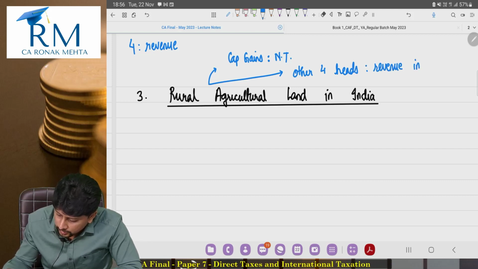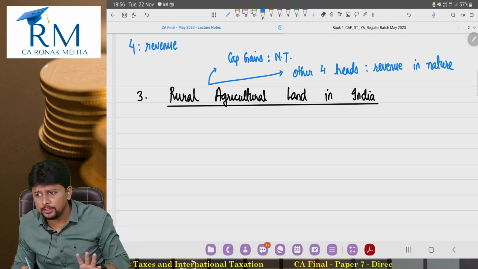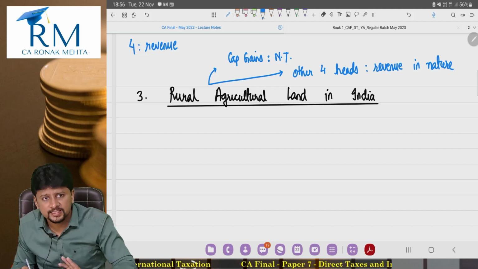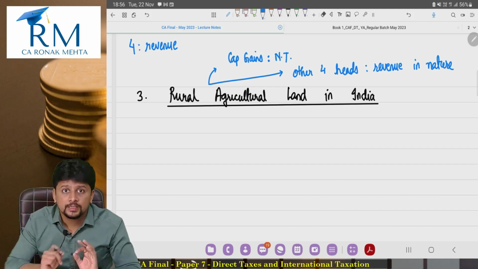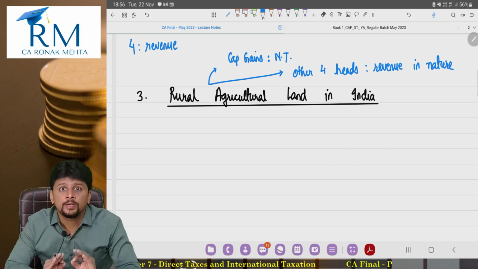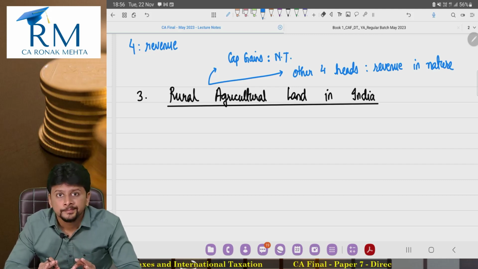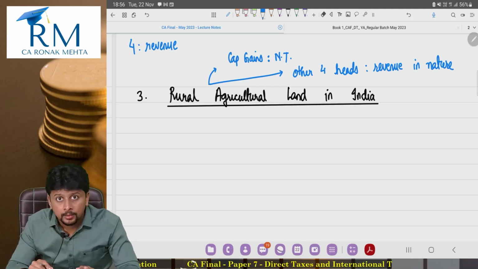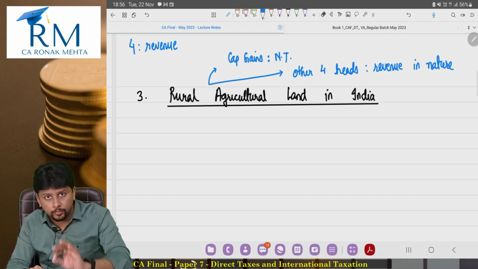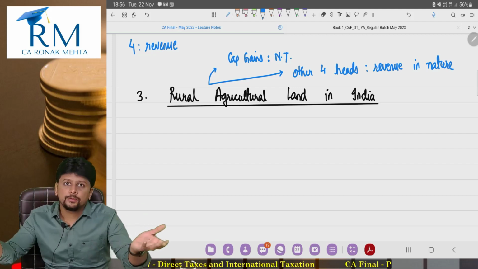So other 4 heads will also not apply. Sir, are you trying to tell us that the profit is fully exempt? Yes, I am telling you that the profit is completely exempt from tax, completely tax free. Rural agricultural land ka sale is going to give you profits, but there is no mechanism to tax it.